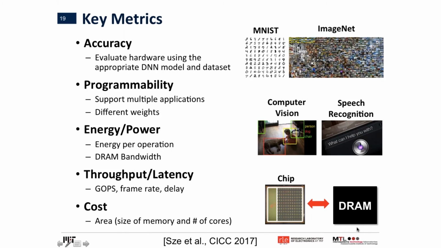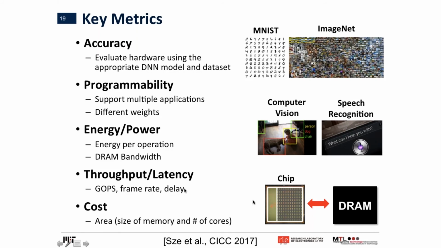As I mentioned, in computer vision, particularly deep learning dealing with video data, there's a lot of data movement, and we will soon see that data movement actually consumes much more energy than the computation itself. So although it's important to look at the energy per operation, you also want to make sure that you're factoring in all data movement, including off-chip DRAM bandwidth.